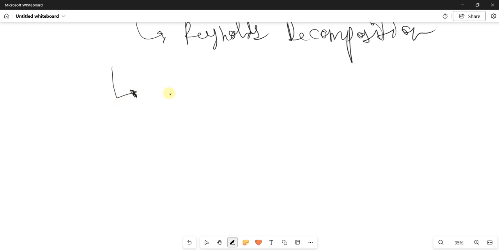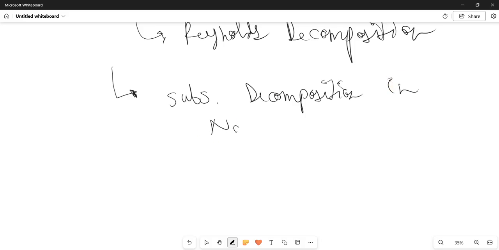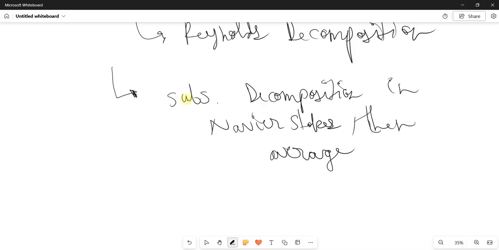So what you do is you substitute the decomposition in Navier-Stokes, and then average it out, average the equations, okay? What do I mean by substitute decomposition? In the Navier-Stokes equation you have velocity terms, right?